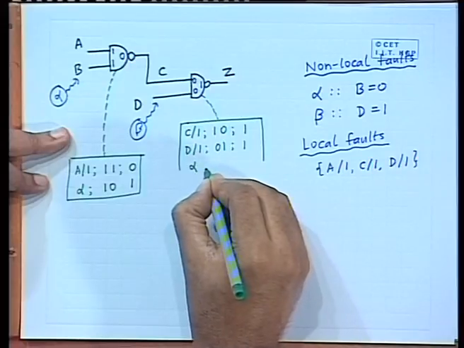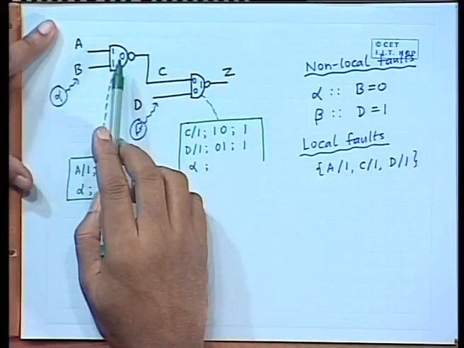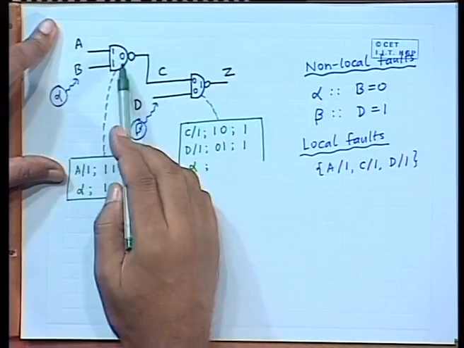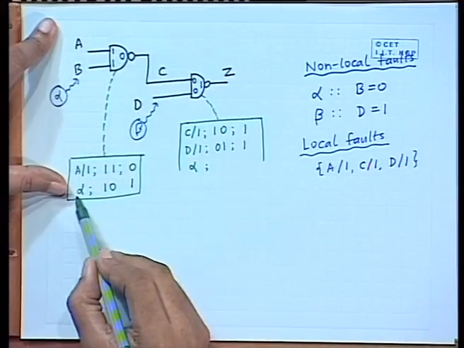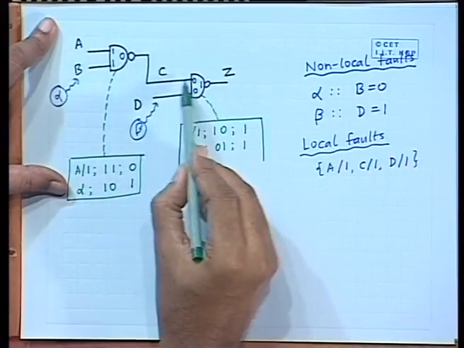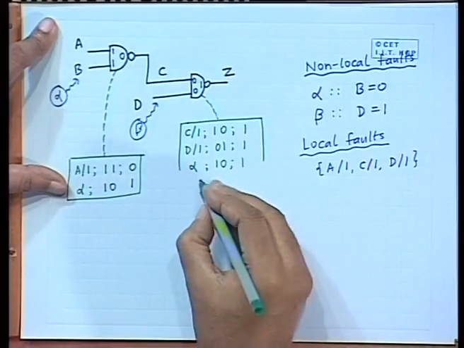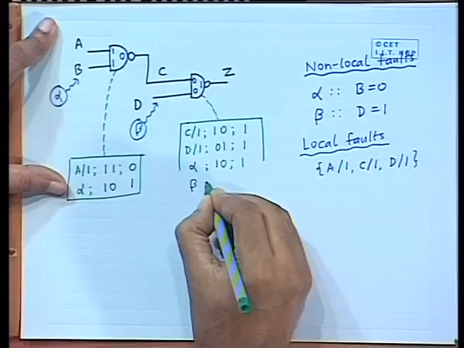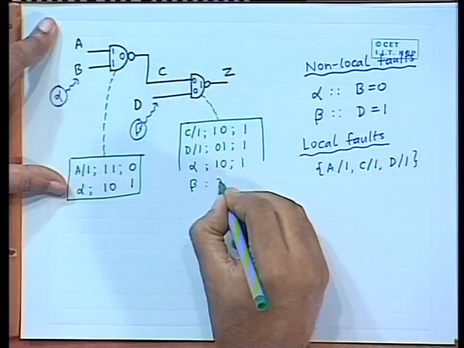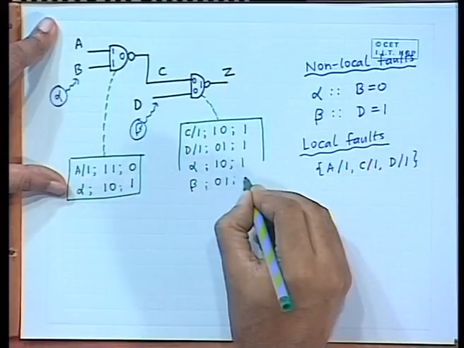Then the fault alpha, well here when you are calculating, you will have to make use of the fault list of the predecessor gate, because you know that if the fault alpha takes place, the output is 1. So, this 1 will come here, it will be 1 0. Similarly, the fault beta will make it 0 1, this will also be 1.